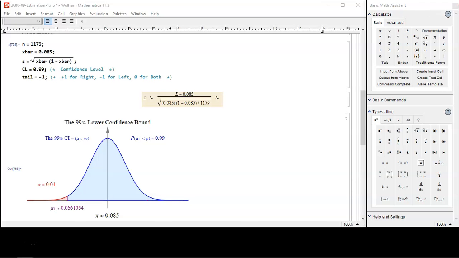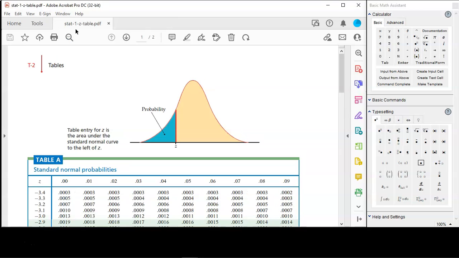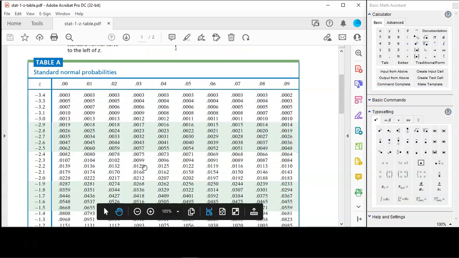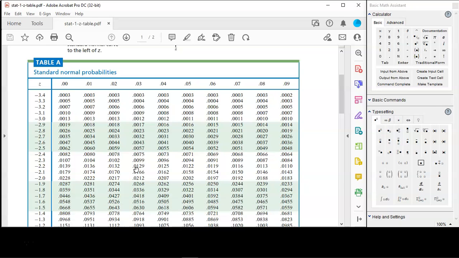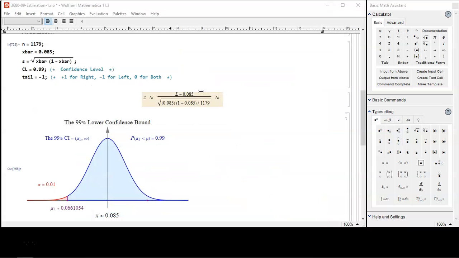Let's look it up in the stat table. No, not this one. Yeah, this one, the previous table. And look up 1% here. This one's the closest, you see, 0.0099. And that's negative 2.33. So this is equal to negative 2.33.